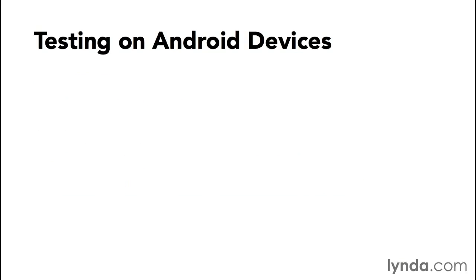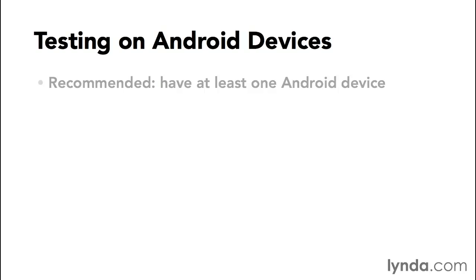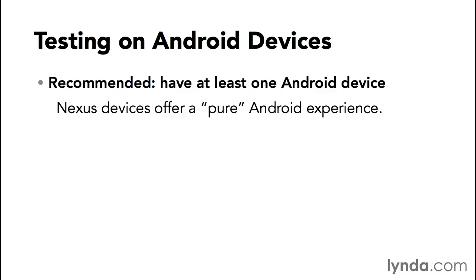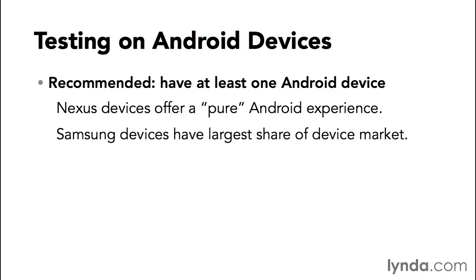As you build your Android apps, you'll need to test them. In this course, I'll show you how to create virtual devices that you can run on the Android emulator, but there's nothing that can really replace testing your apps on an actual physical device. So I recommend having at least one Android device around. Google's Nexus devices offer the purest Android experience, while Samsung devices have the largest single market share.